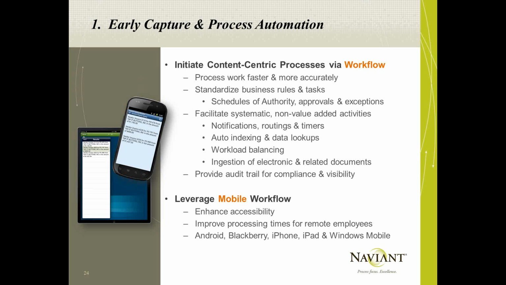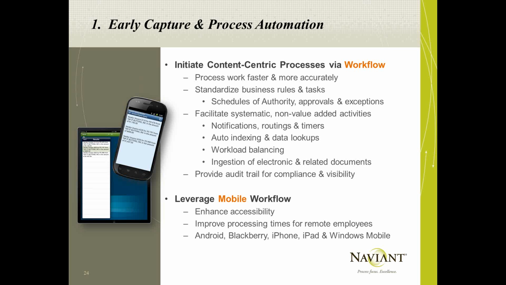Further, if we capture early, things like automated schedule of authority, approvals, and exceptions can be provided. Typically, notifications, routings, and timers: if something's sitting, let's say, in a non-PO approval or a PO exception queue for too long based on your business rules, timers can be implemented to send notifications back to the user, to the user's boss.